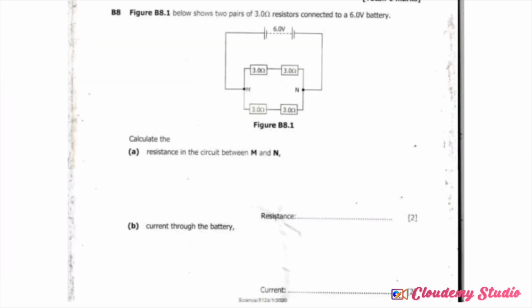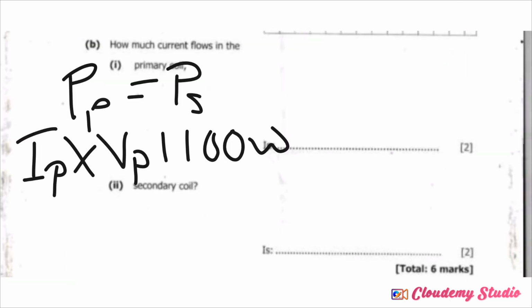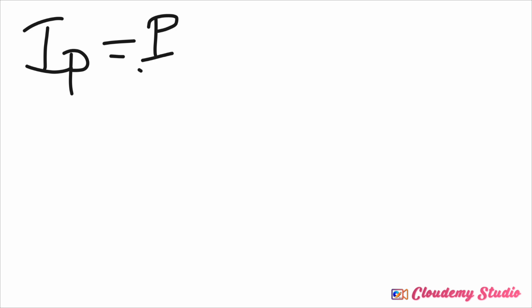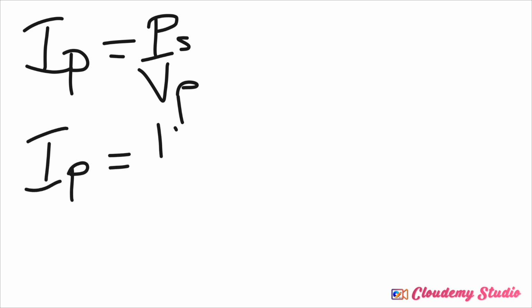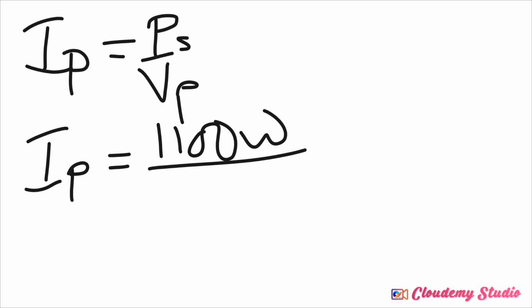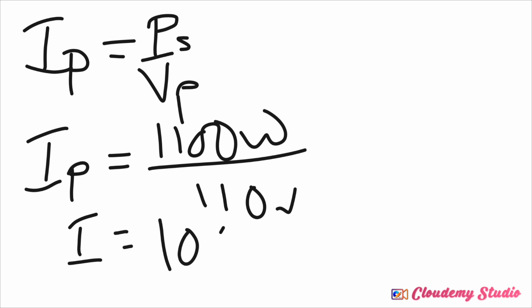So in our calculations, the current in the primary is equal to the power over the voltage in the primary. This power I'm using is the 1,100 watts which has been dissipated. So the current is 1,100 watts over 110 volts, which is equal to 10 ampere.